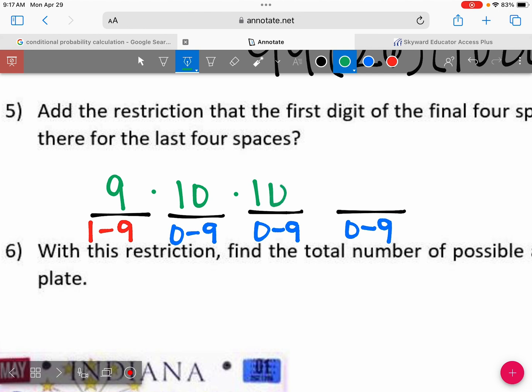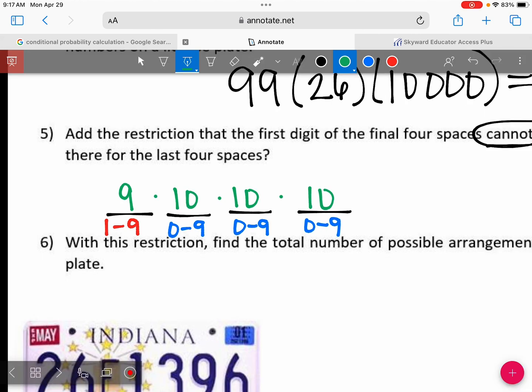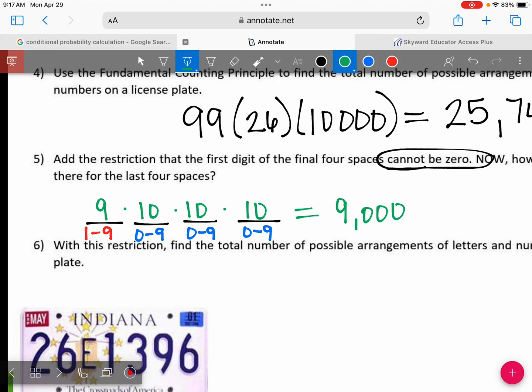So go ahead, pick up your calculator. Take 9 times 10 times 10 times 10. And you should get 9,000. So to figure out the total number of arrangements, we're going to redo question 4.